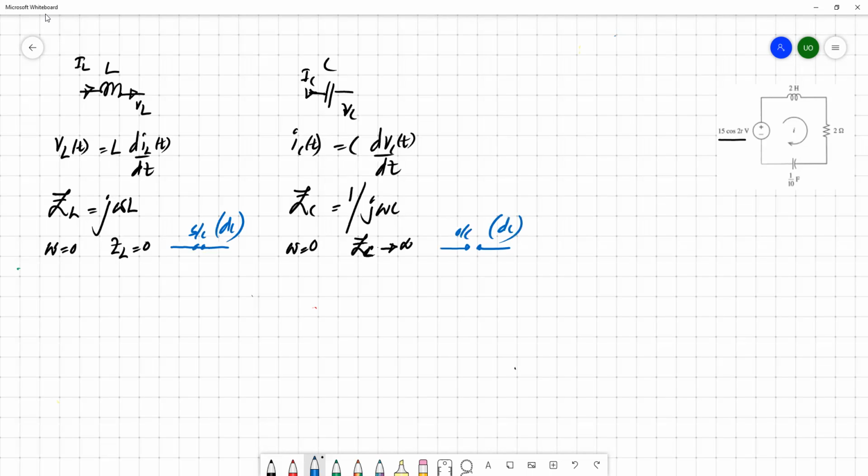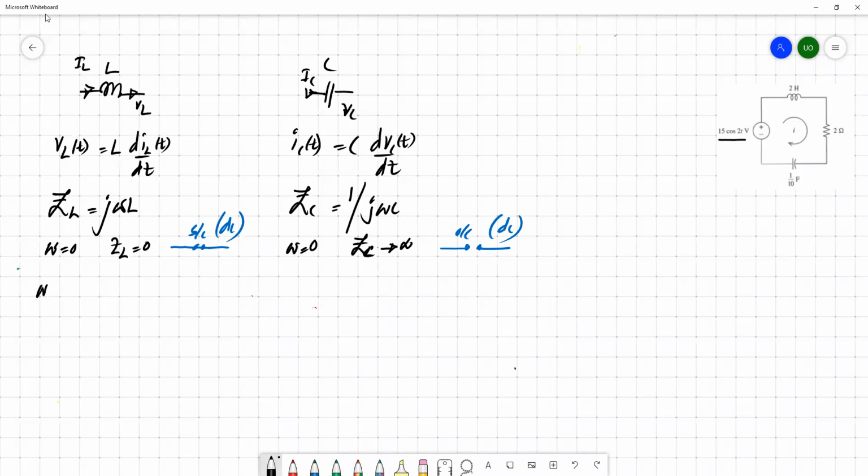Because the omega is in the denominator, so omega equals 0, the impedance goes to infinity. So inductors act as short circuit elements in the DC domain, but capacitors act as open circuit elements in the DC domain.